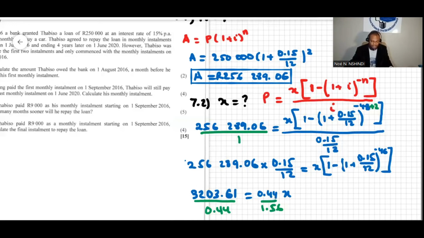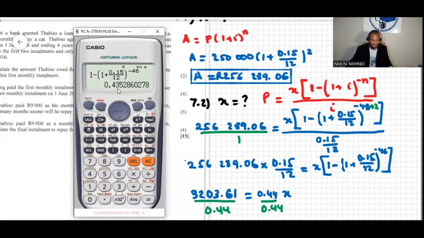So we will divide them by 0.44 both sides. Now we have it like this, so I can just do this number raised to the power of negative 1, as I did before, times 3203.61.